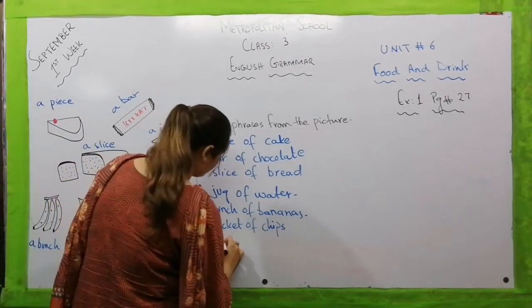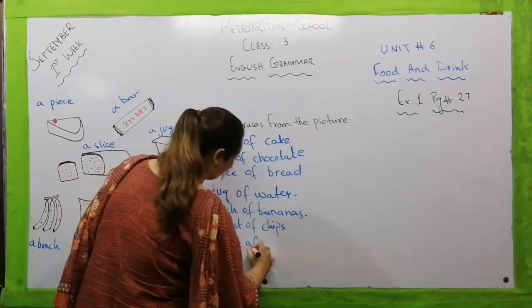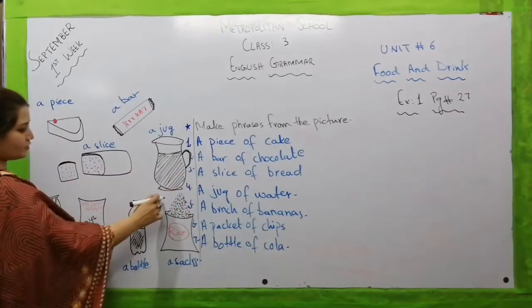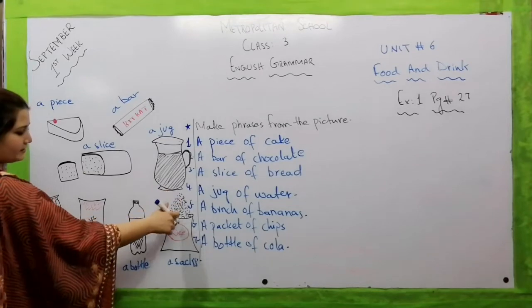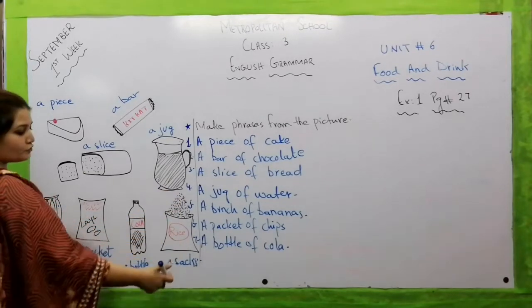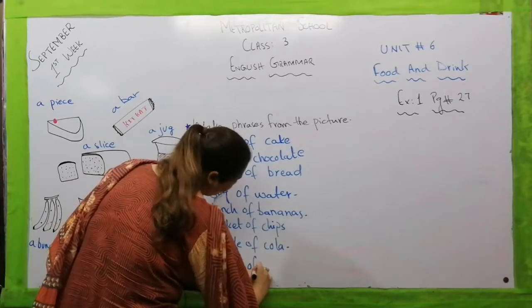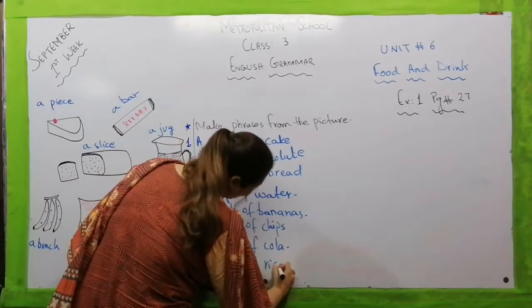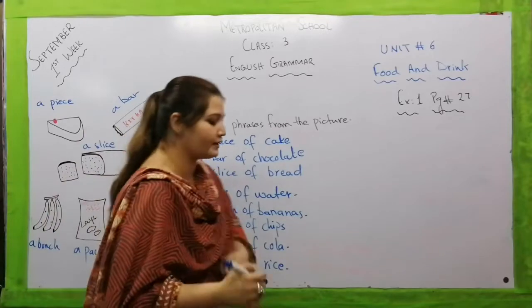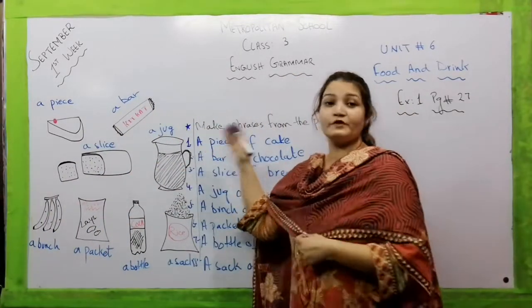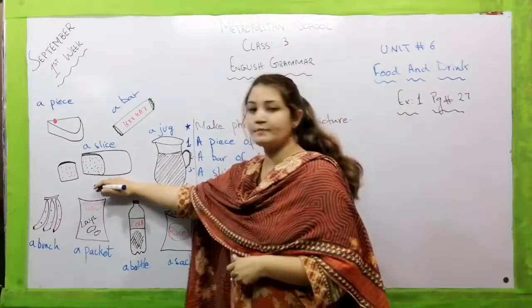So we are going to write it as a bottle of cola. Let's move towards the last picture. There is some rice inside this sack. So we are going to write a sack of rice. So my dear students, these all were the phrases which we have written according to these pictures.